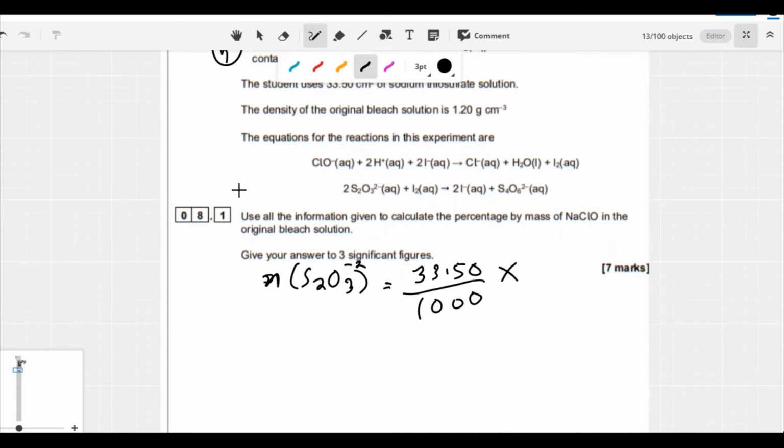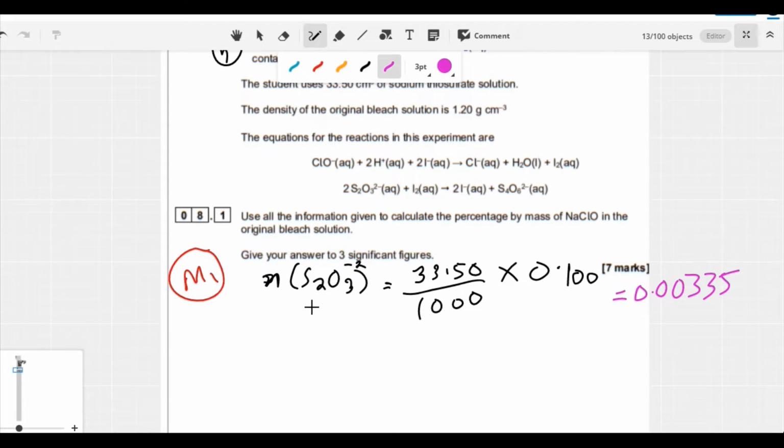You know that n is equal to V times C. So this is step 1, M1, and it will equal 0.00335 moles of thiosulfate.